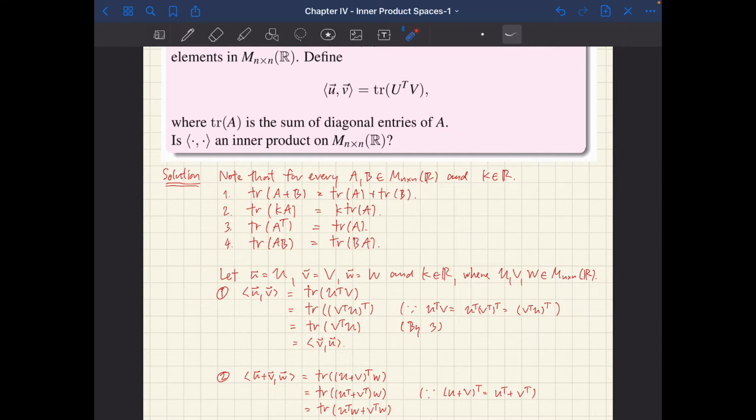Number one, the trace of A plus B is equal to trace A plus trace B. Number two, trace of kA equals k multiplied by trace A, where k is a scalar. Number three, the trace of A transpose is equal to trace A. And number four, trace of A multiplied by B is equal to trace of B multiplied by A. For these properties I will not prove them, because all of you know them, and I think you need to prove them by yourself.